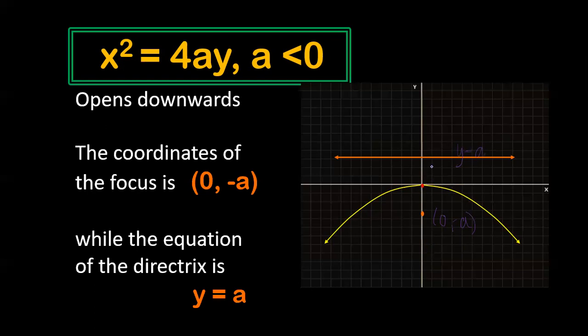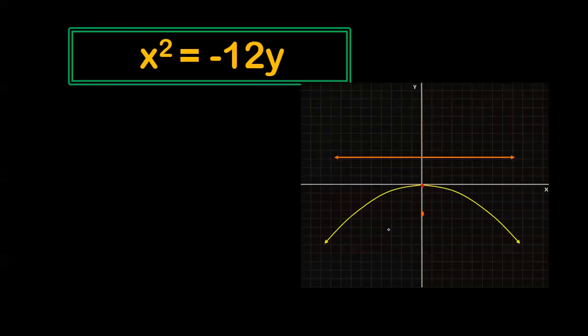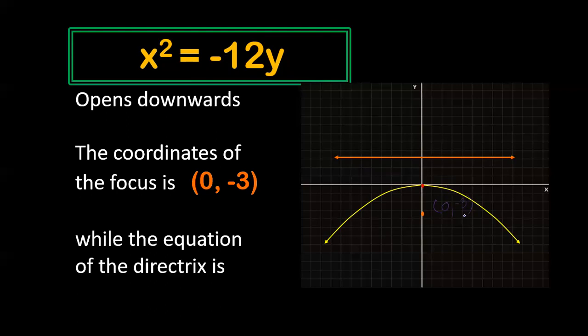For example, if you have x squared is equal to negative 12y, it opens downwards. The coordinates of the focus are (0, negative 3), and your directrix will be at y is equal to 3.